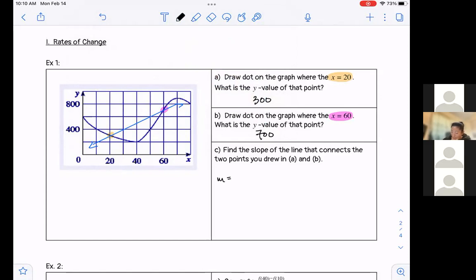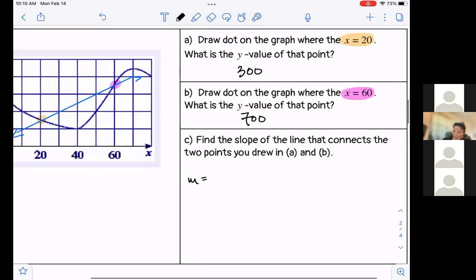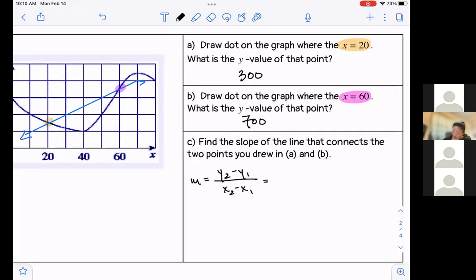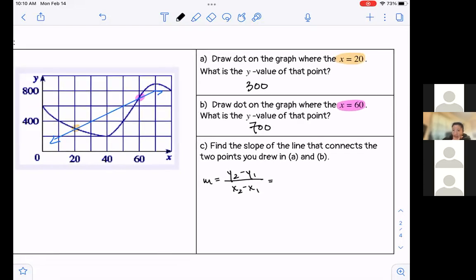The slope one, okay. In particular, we could use y2 minus y1 over x2 minus x1. Great, thank you, Norm. And we can go ahead and plug in our values.